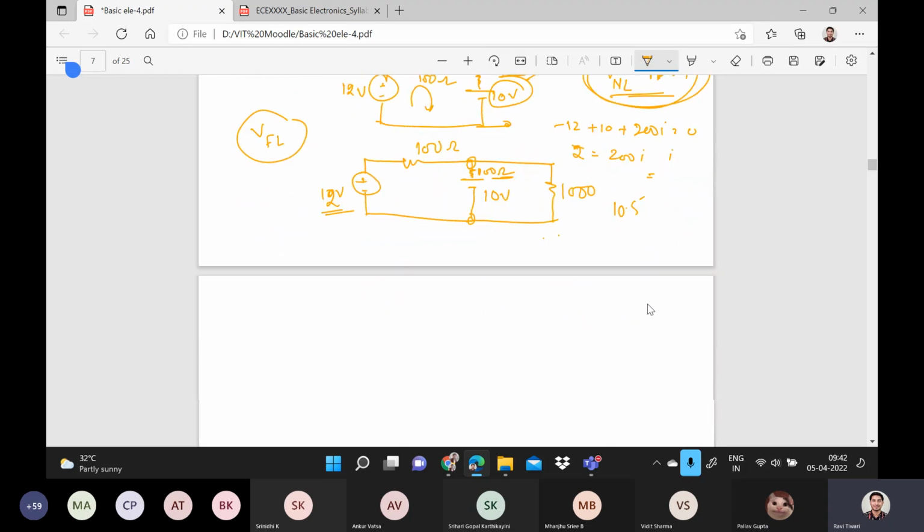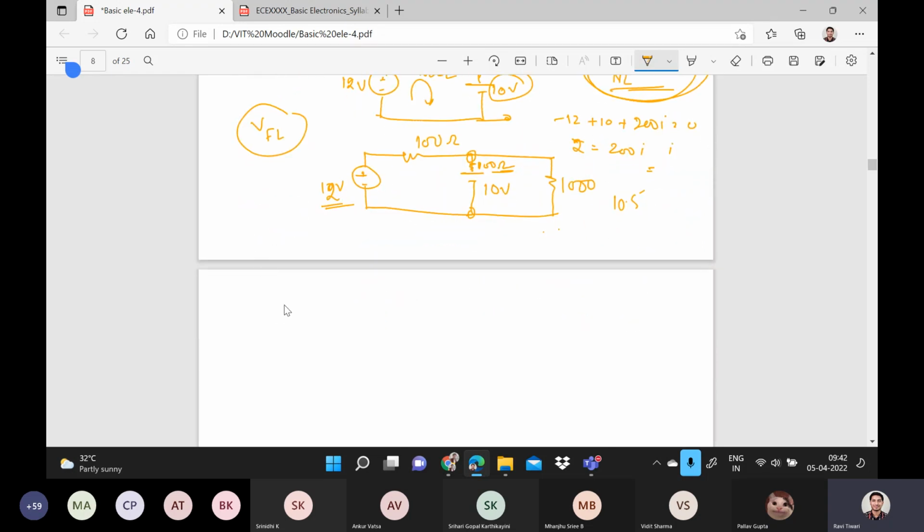So if it is like that, now you can find out the percentage load regulation, right? It's V no load minus V full load divided by V no load, multiplied by 100.